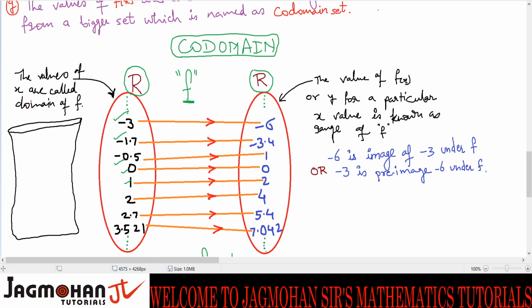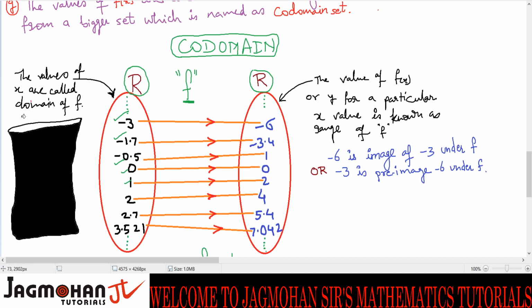You have infinite numbers here, and that sack has got numbers from which all these numbers are coming. And what is this big sack or the set from which the numbers are coming?